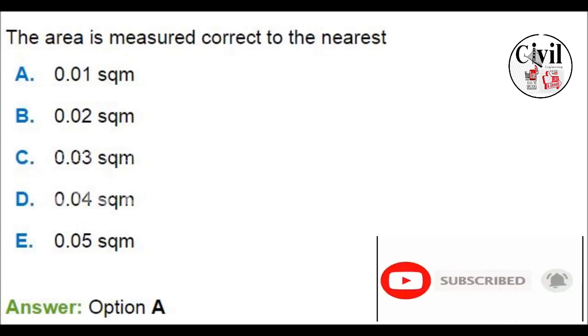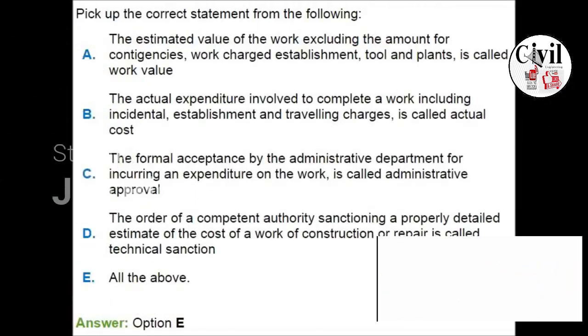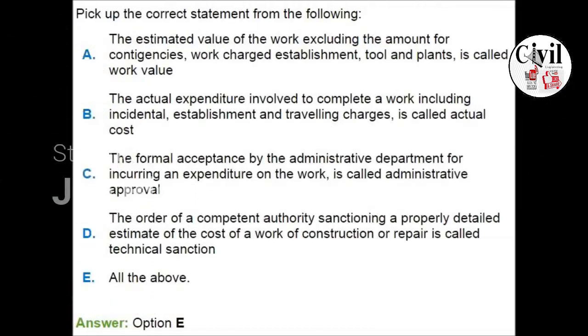Okay, so pick up the correct statement from the following. Actually all of these options are correct. The estimated value of work excluding the amount for contingencies, work charge establishment, tools and plants is called work value. The actual expenditure involved to complete a work including incidental establishment and traveling charges is called actual cost.